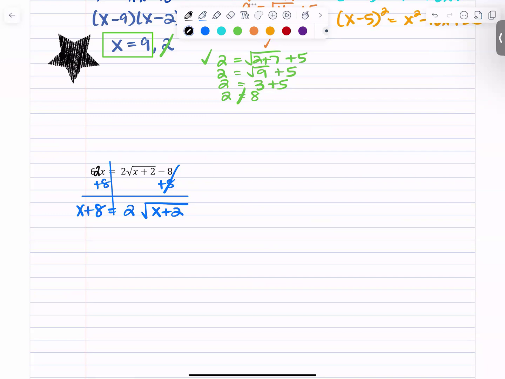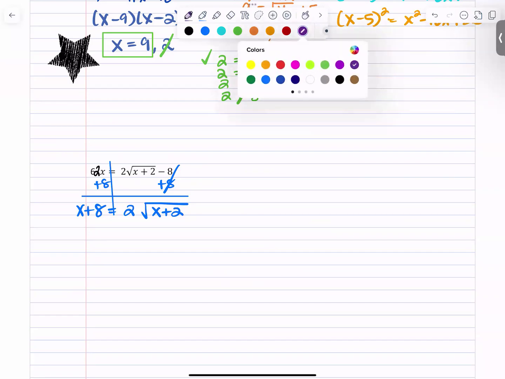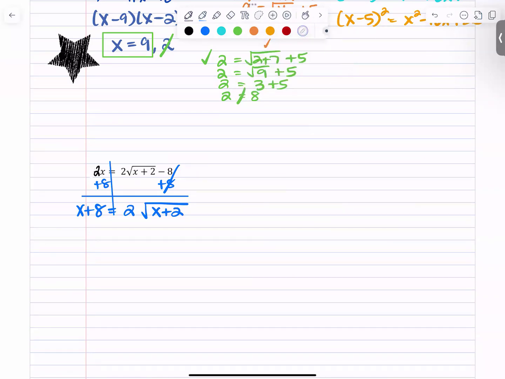I have 2x. So I'm going to cross out this 6 with a white pen so it's not there. So number 6 is going to be 2x, and then I also have negative x plus 2 in there. I don't know why, but there must be a reason.